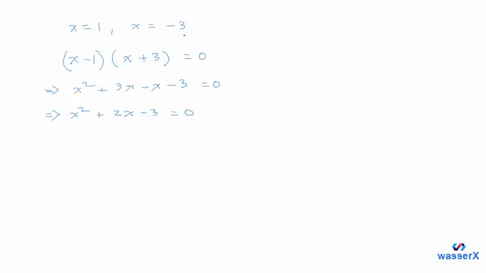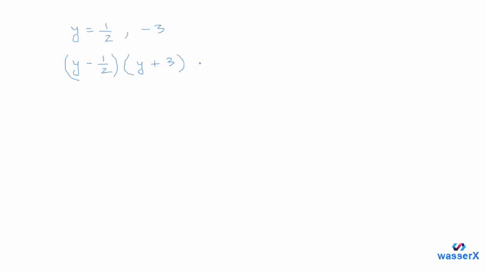Let's try another one. This time I'm going to say, let's say y is equal to 1/2 and y is equal to negative 3 are the two roots of a quadratic equation. We need to find the equation. Going by the same logic, the two factors would be y minus 1/2 and y plus 3.